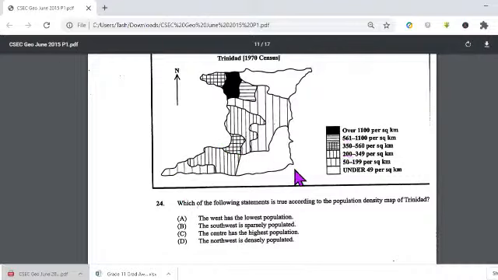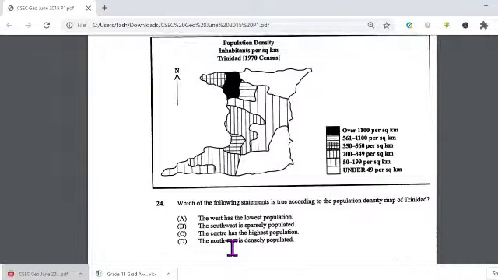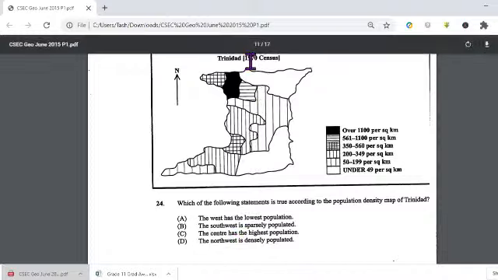Sparse would mean that you have very small amount of persons. We can determine that after based on the other responses. C, the center has the highest population. We're not seeing that at all. Or D, the northwest is densely populated. So this is the north, and this would have been towards the west. So the northwest is densely populated. So for 24, it would have been letter D for our answer.